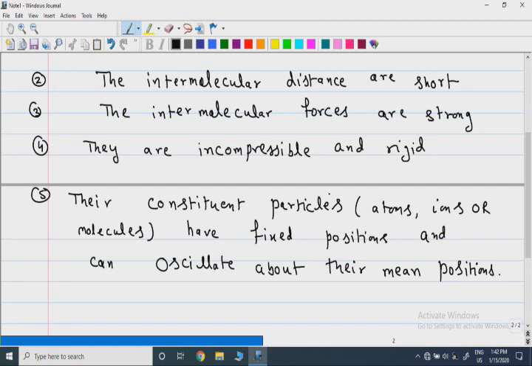For example, covalent forces, hydrogen bonding, van der Waals forces, dipole-dipole forces, London forces. Got it now? Copied now?